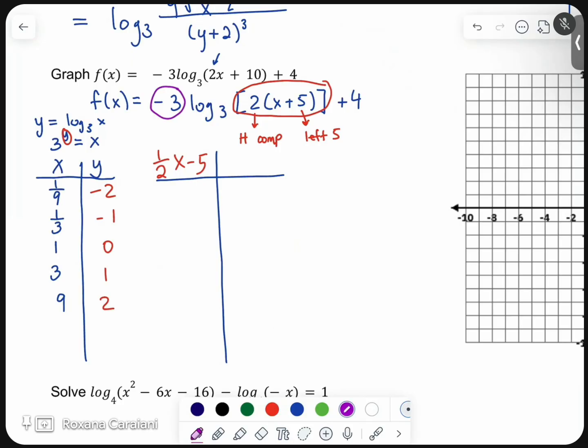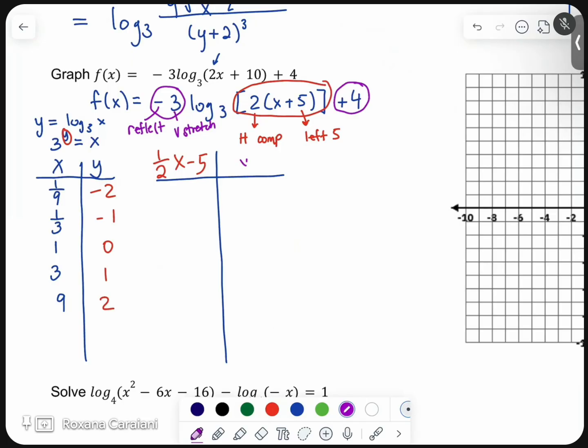Y is affected by my vertical transformations. So the negative does a reflection over the x-axis, and I'm doing this very short form because the question didn't ask me to state the transformations. If it did, I would be writing what I'm saying out loud. Reflect over the x-axis. And the 3 is a vertical stretch by a factor of 3.